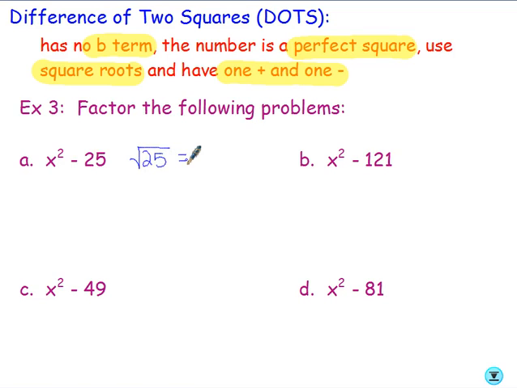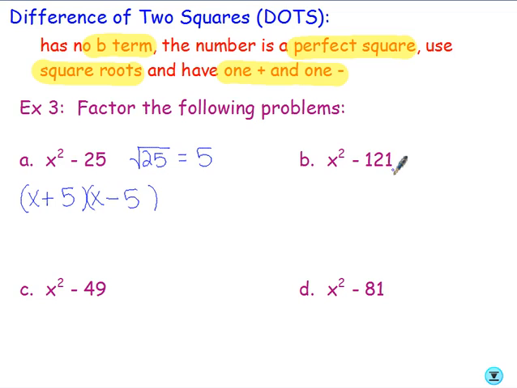If you don't know your square roots, you can use a calculator. But the square root of 25 is 5. That's all you need to make your answer. We make our parentheses with our x's. As it says right here, 1 is positive, 1 is negative, and they are both the square root number, which is 5. That's how easy dots problems are.